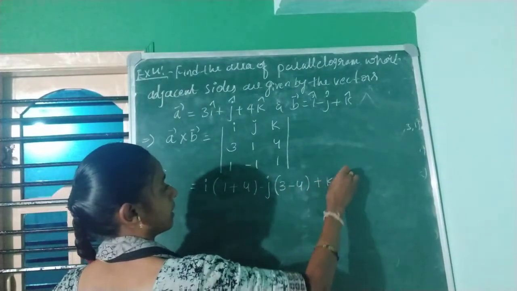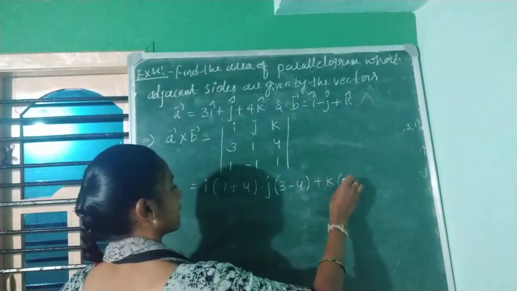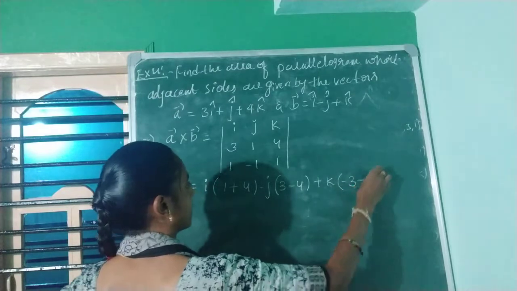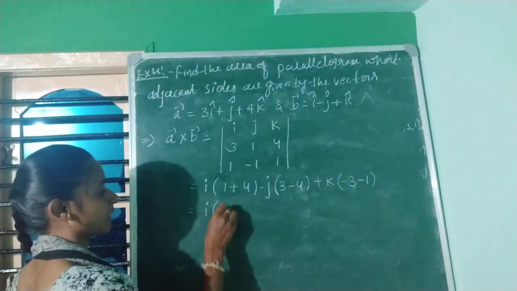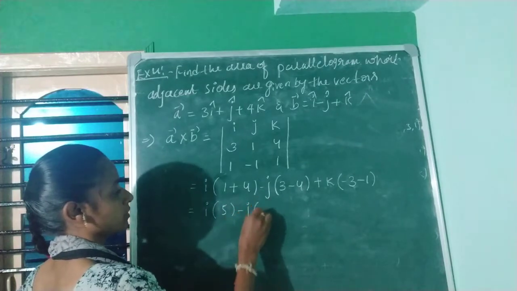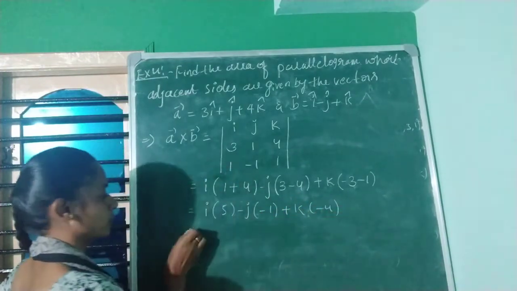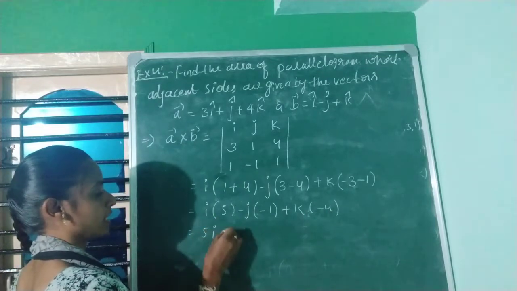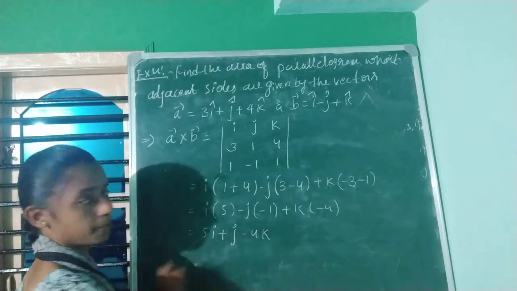Next plus k into first row last column. 3 into minus 1 is minus 3 minus 1. You just simplify this one. 1 plus 4 is 5 minus j into minus 1 plus k into minus 4. Therefore 5i plus j minus 4k.